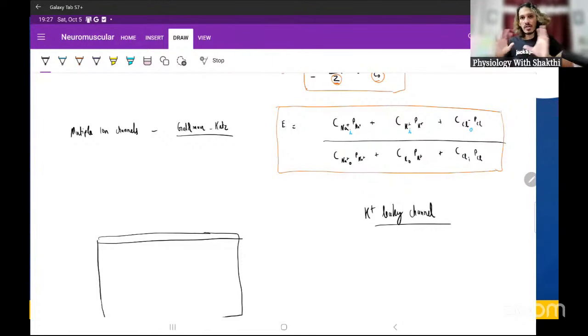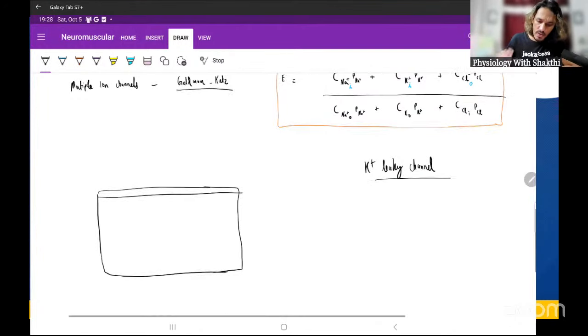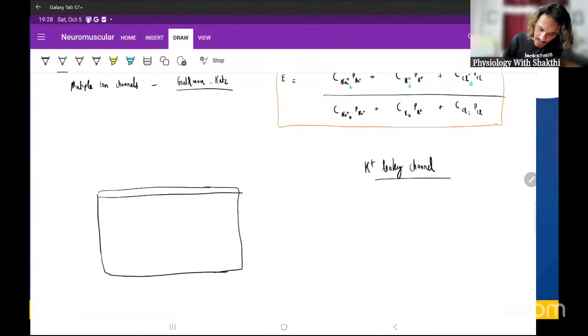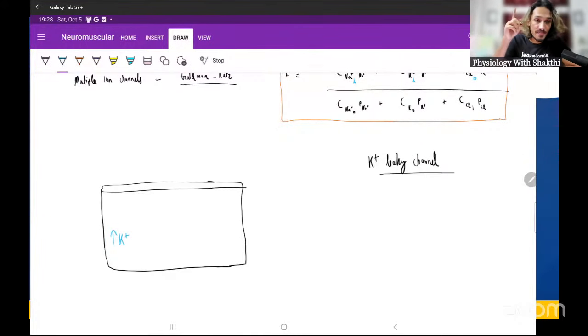So the major contributor to your resting membrane potential is going to be this potassium ion, because that is more permeable compared to everything else because of the presence of these leaky potassium channels. So just tell me, potassium is higher on the inside, how much was it? 140. And outside, it was around 4. So what will happen if you open up, or there's presence of a leaky potassium channel? Potassium will go outside.